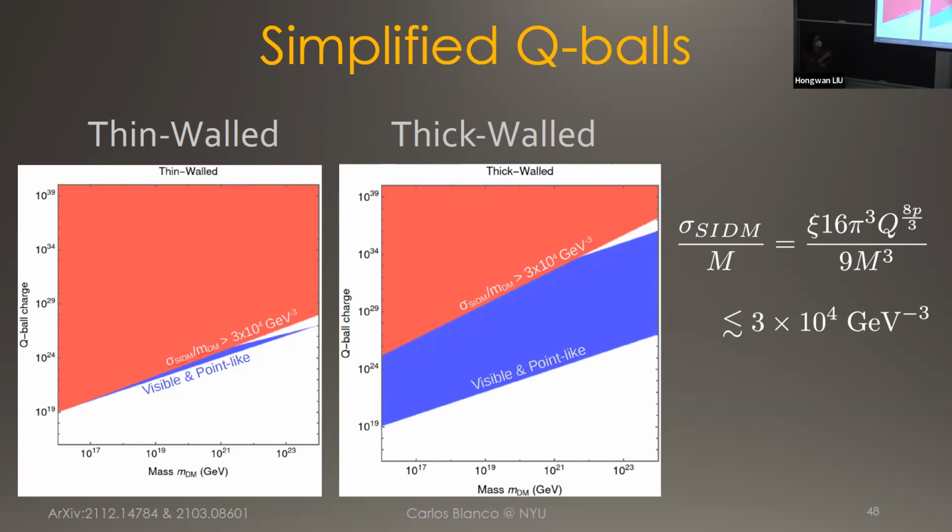But the thick-walled kind are actually prime candidates to be looked for in this way, and that really just comes down to the way the radius scales with mass. Not only that, but you could motivate the fact that these things may exist by the fact that they are good SIDM candidates. They give you the natural self-interaction that you want at these scales.